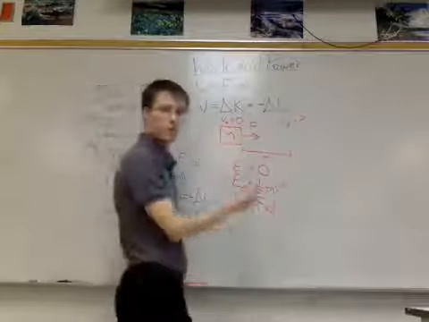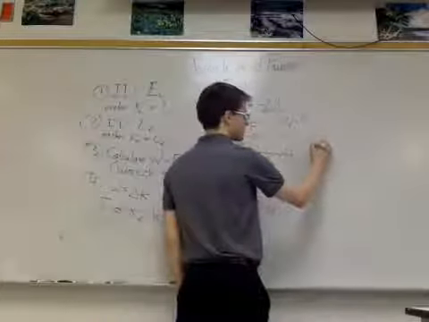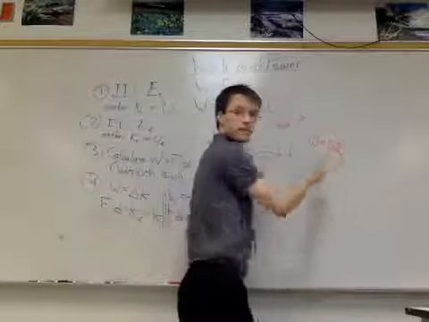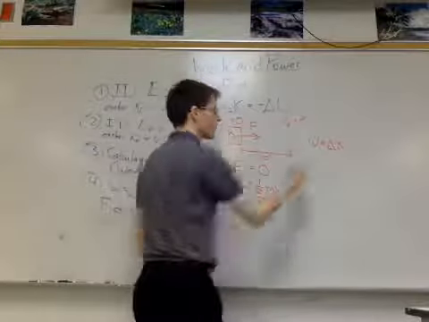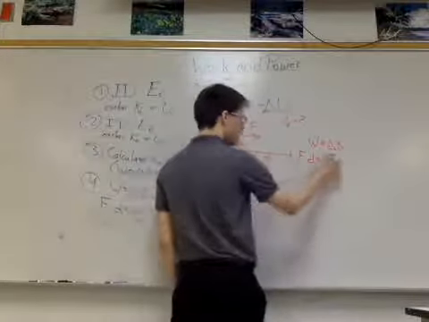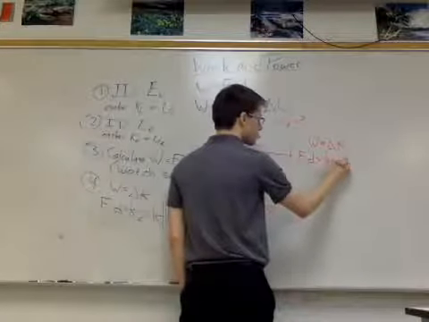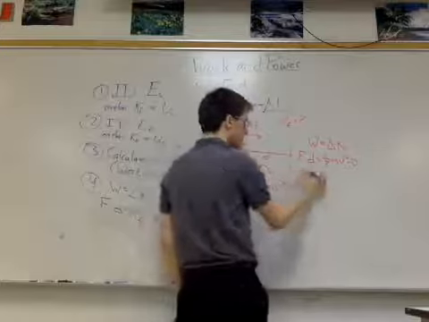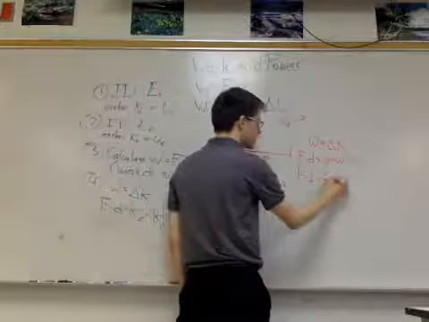We say, okay, well, work is equal to our change in kinetic energy, right? So work is force times displacement equals change in kinetic. So our final kinetic energy is 1/2 mv squared minus our initial is 0, which means that Fd equals 1/2 mv squared.